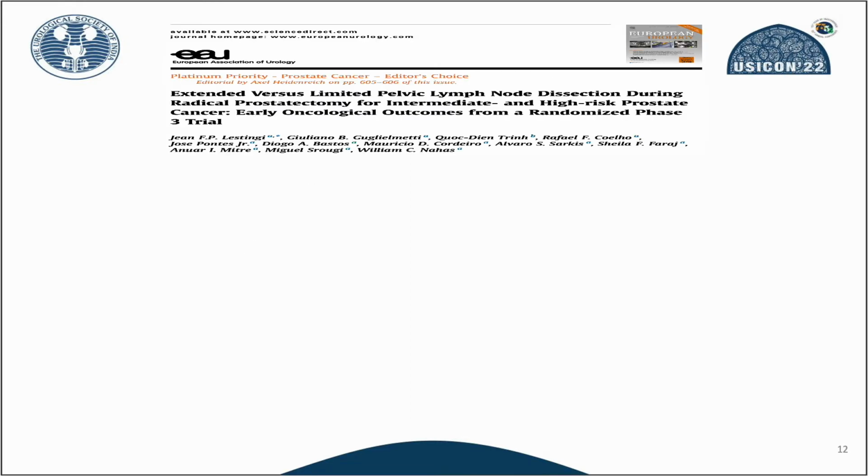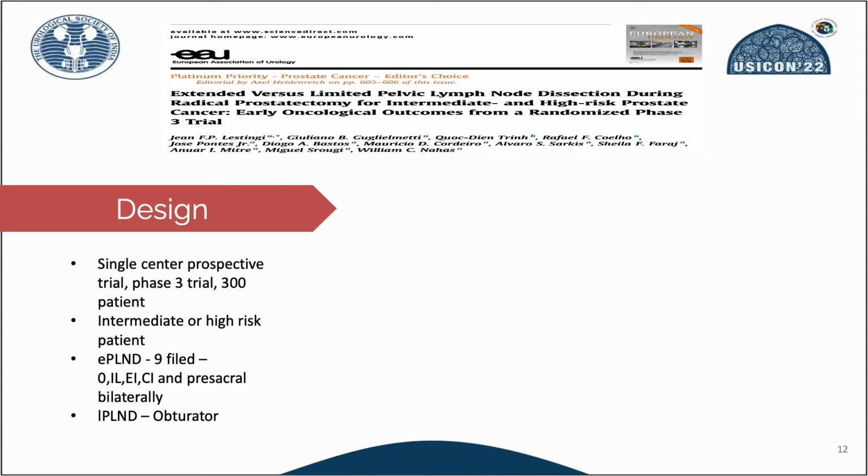Another important paper by Lestingi, which is a phase 3 trial, compared the extended versus the limited pelvic lymph node dissection during radical prostatectomy for intermediate and high-risk patients. Their early oncological outcome. It's a single center prospective trial, a phase 3 trial which involved 300 intermediate and high-risk patients. 9 fields of lymph nodes were removed in ePLND, and one group of lymph nodes was removed in limited pelvic lymph node dissection.